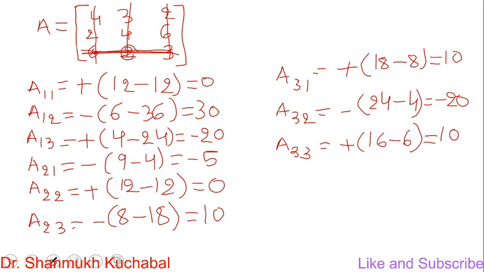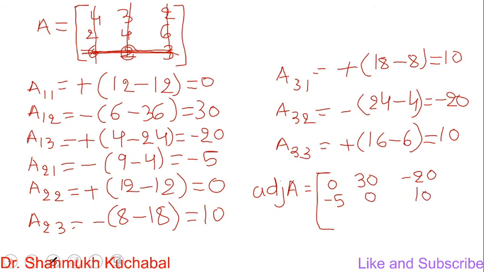Okay, so all these elements we have to write here. So the adjoint of A equals, we get A11 0, A12 30, A13 minus 20, next minus 5, 0, 10, then 10, minus 20 and 10 here.